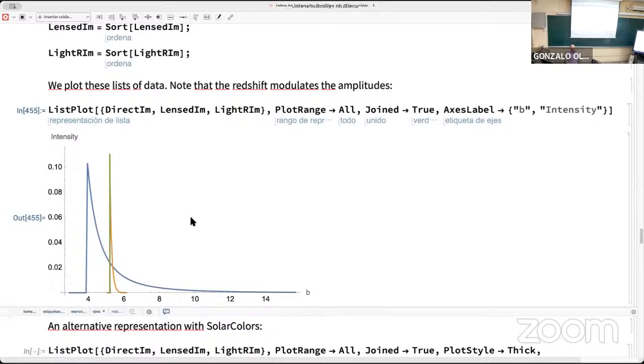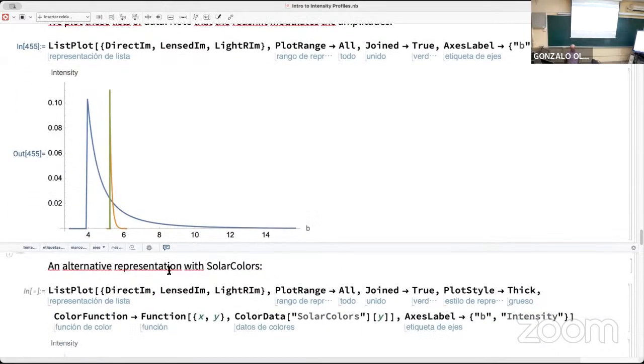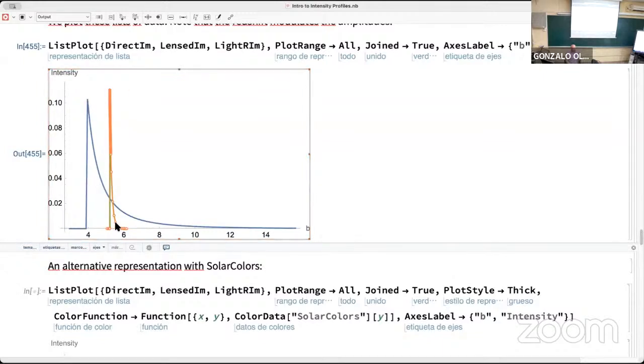But in this case, you can see that with the disk going forward towards the center, getting closer to the center up to 3, we now see that the different intensity profiles overlap. Okay, now the direct image is this one, the blue, the orange is the lens image, and the green one is the photon ring. So now we have an overlap of the 3 sectors.